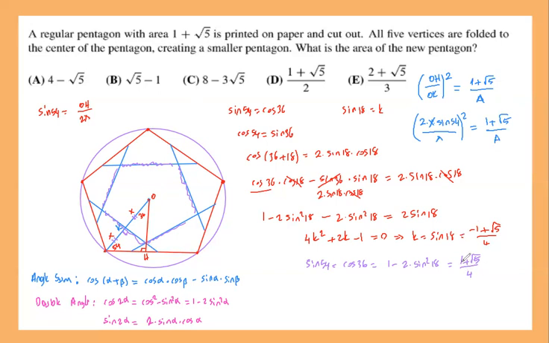So you will get 1 plus root 5 over 2 to the second power, equal to 1 plus root 5 over A. If you expand this and cross multiply, you are able to get A as root 5 minus 1. And that is the area of the smaller pentagon.